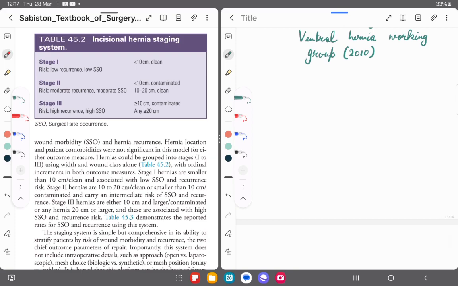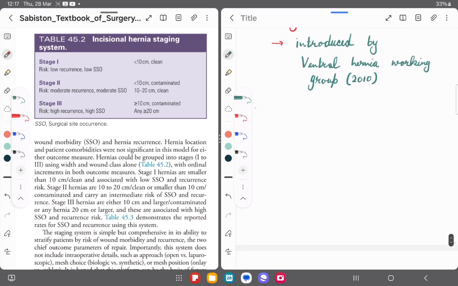So I am reading this article from the Hernia journal, and this journal provides the details of surgical site occurrence and tells the definition. So what is included in surgical site occurrence? Surgical site occurrence includes, number one, wound cellulitis.